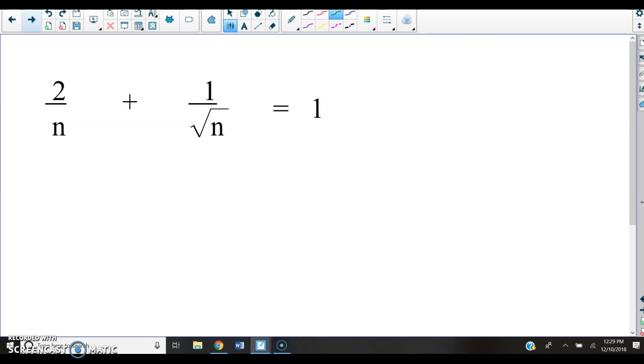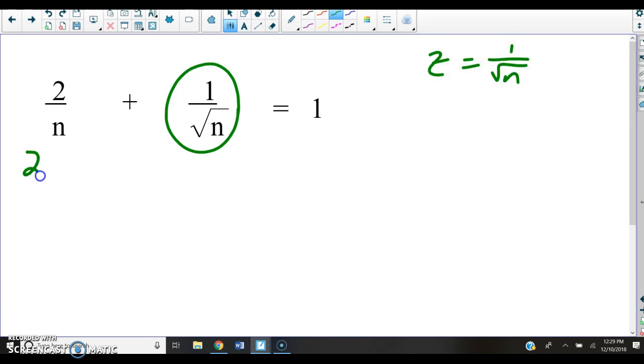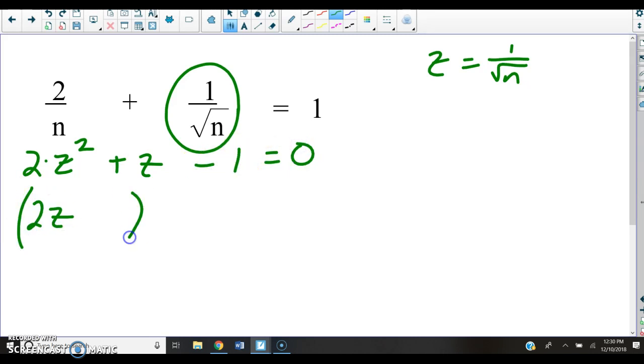Okay. This one, it doesn't equal 1. Okay. This I would make as my z. 1 over the square root of n. So this would be 2 times z squared plus z, and then I've got to make it equal 0. So now this factor is a little different.